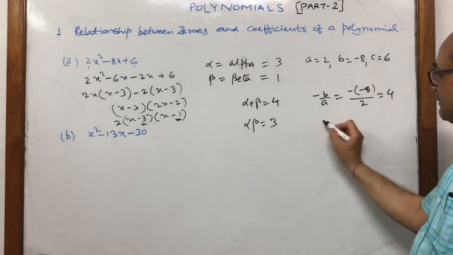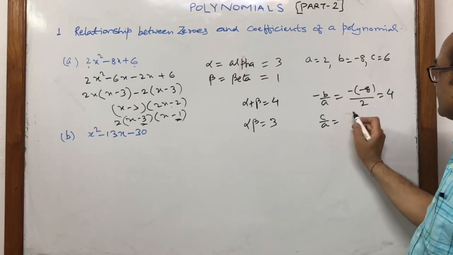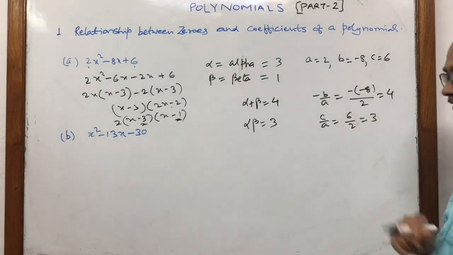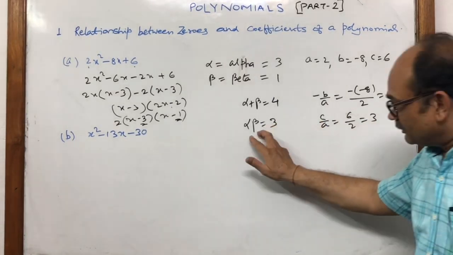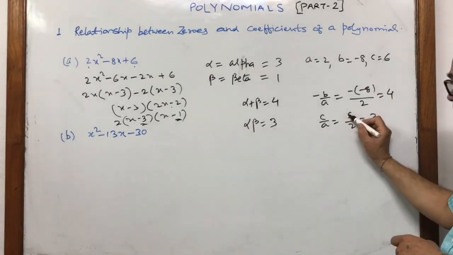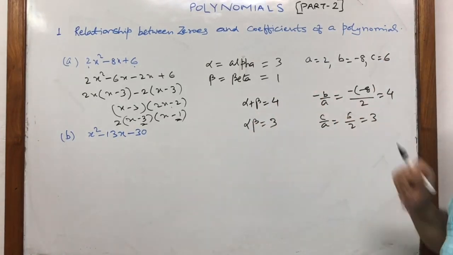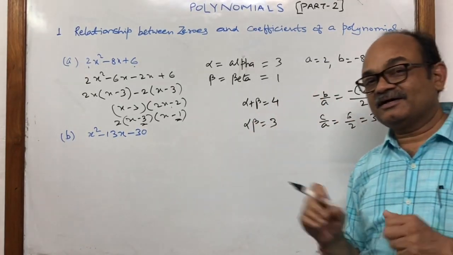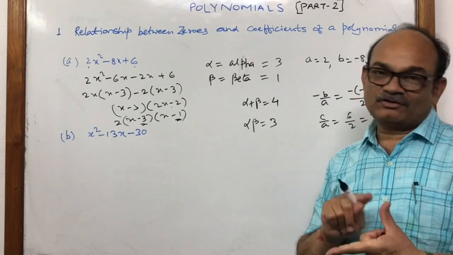If you say c by a, what are we getting? 3. Absolutely correct. Product of the zeros is nothing but c by a, and sum of the zeros is nothing but minus b by a, where a, b, c are the coefficients of x square, then x, and the constant term.